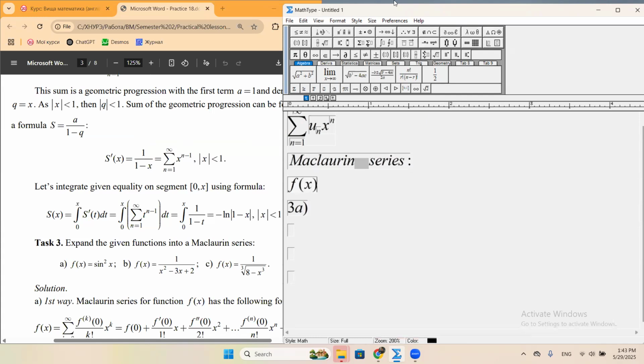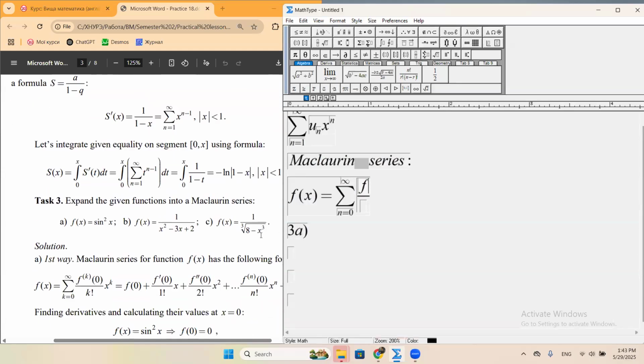The general form: we expand in the following form, the sum for n from 0 to infinity of the derivative of order k, I use k instead of n, at point 0 divided by k factorial, times x to the k.